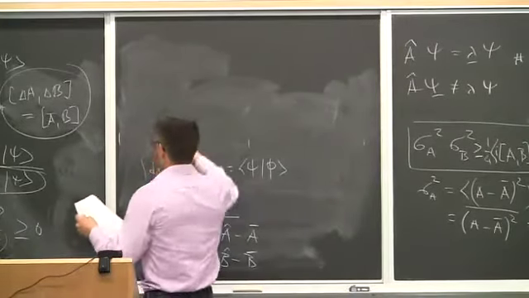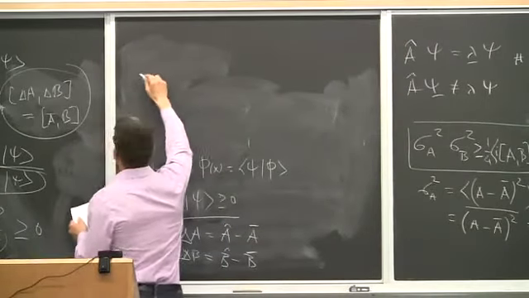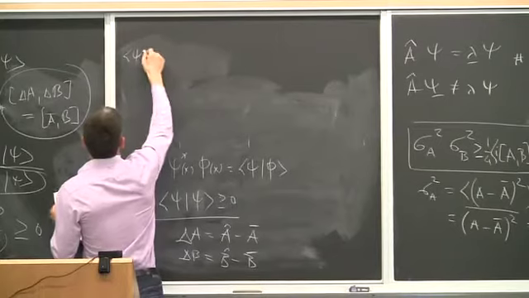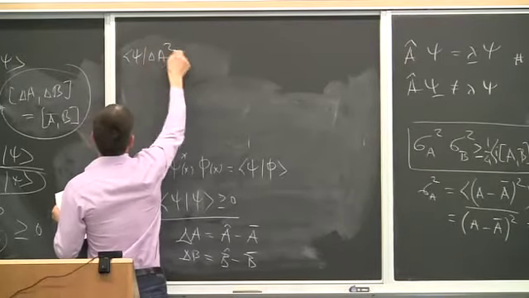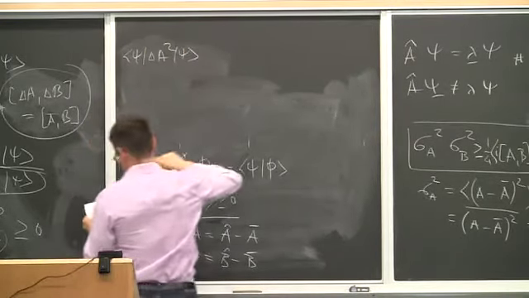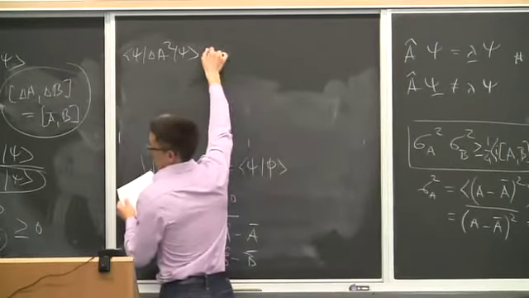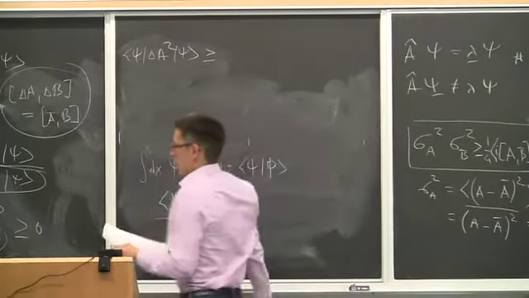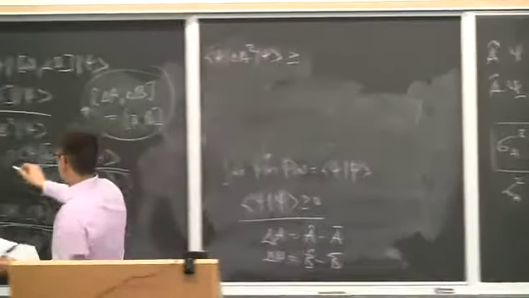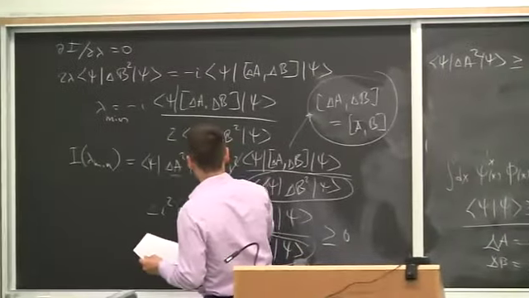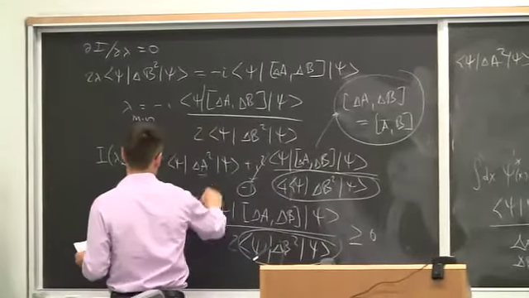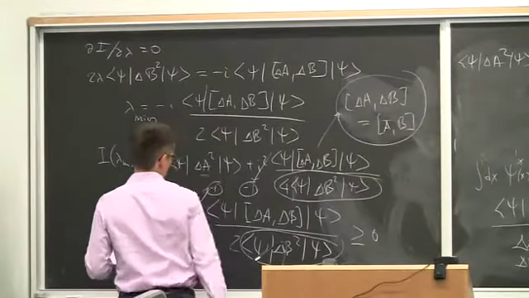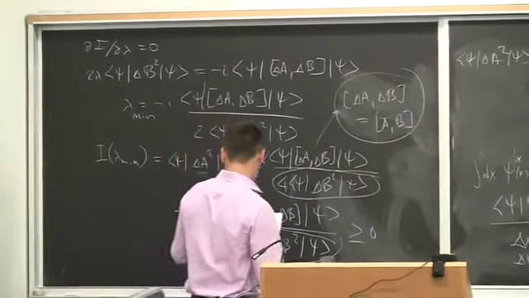So this is psi delta A squared psi more or equal than, okay, so this I squared becomes -1, this I squared becomes -1, right?